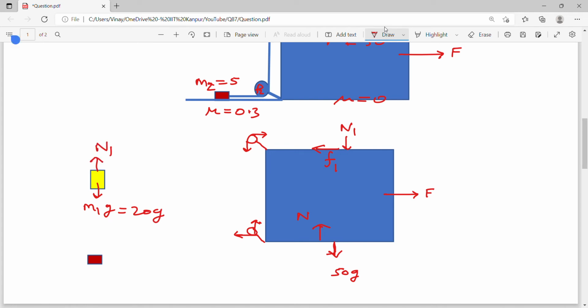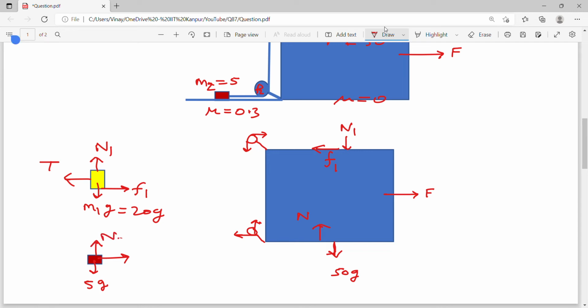Its tendency to move is in the left direction, so friction is going to have this direction, and the tension on the string is here, T, because the same string is going all the way throughout all the masses, so tension is going to remain the same. Similarly here, I think we covered all, right? And here it is going to be tension in this direction, and this is the mass, that is 5g, and N2 in this direction.